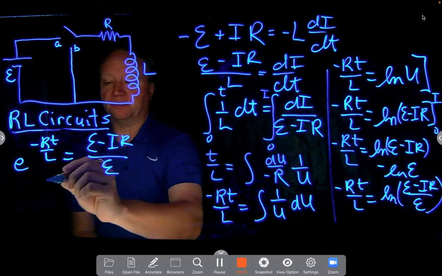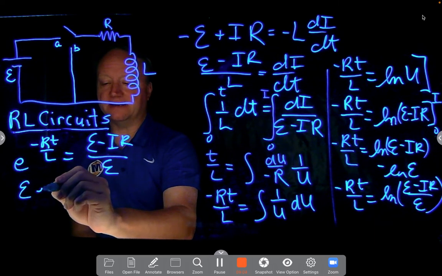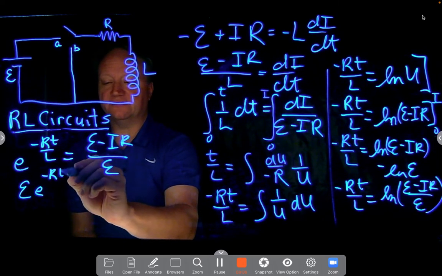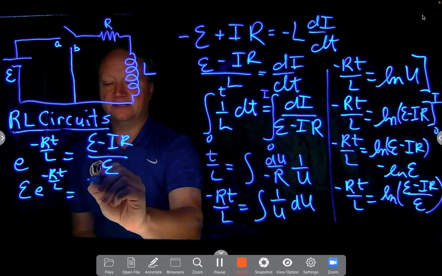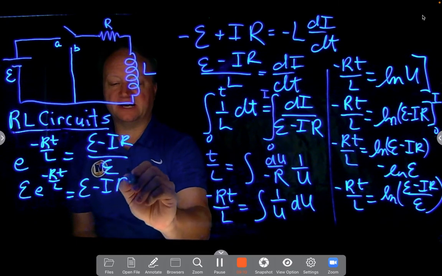So I'm going to multiply the EMF over, so I'll get EMF times e to the negative Rt over L equals EMF minus IR.